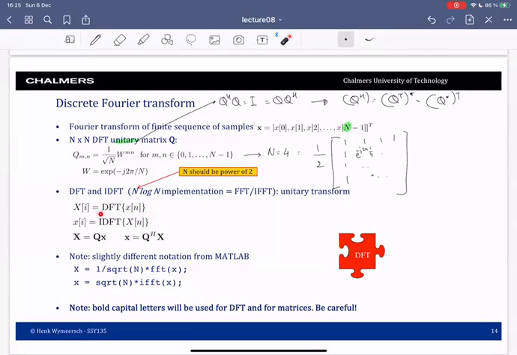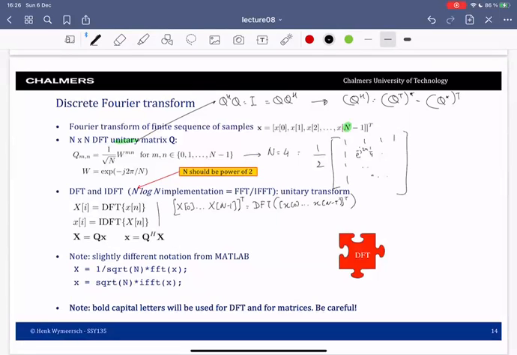The DFT of this vector is another vector of length n, and we call this capital X. I think a more appropriate notation would be that x0 till xn minus 1 transposed is the DFT of a vector with small x's, x0 till xn minus 1 transposed.